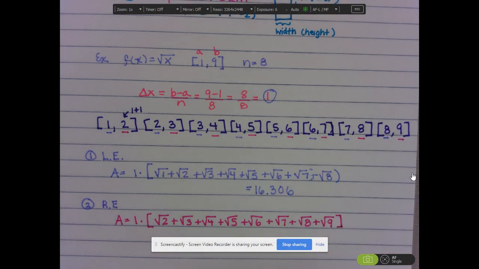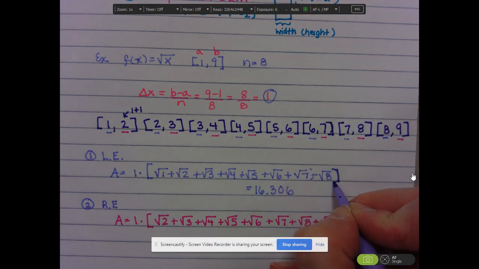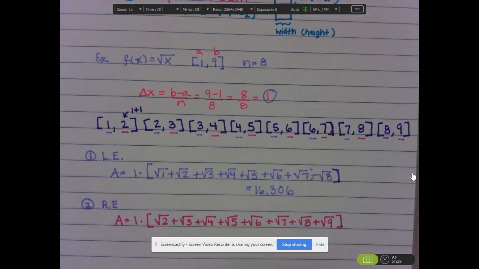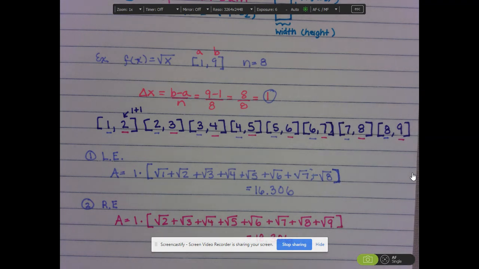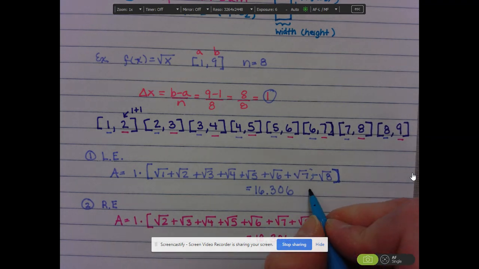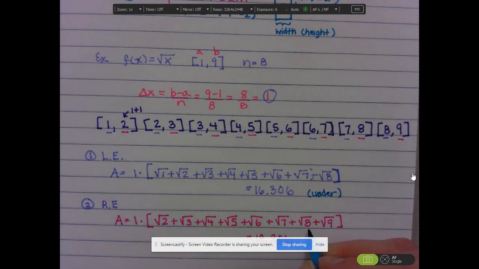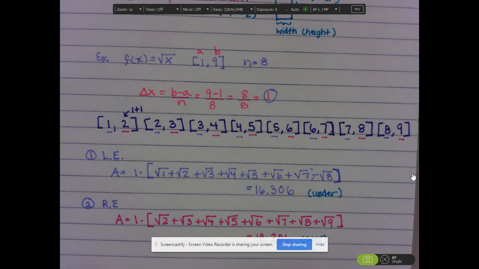Okay. That goes all into the calculator. I'll spare you the anticipation. That's going to get me 18.306. Now, if you'll notice, this first approximation happens to be an underestimate. This right endpoint approximation happens to be an overestimate.